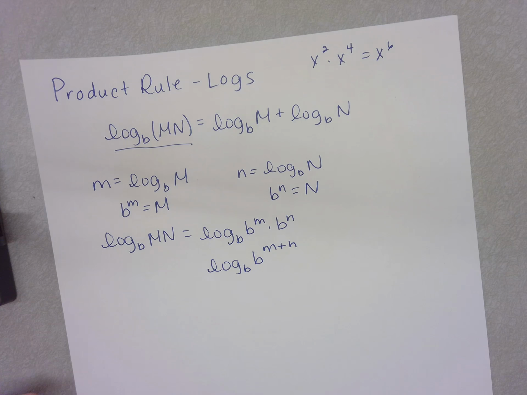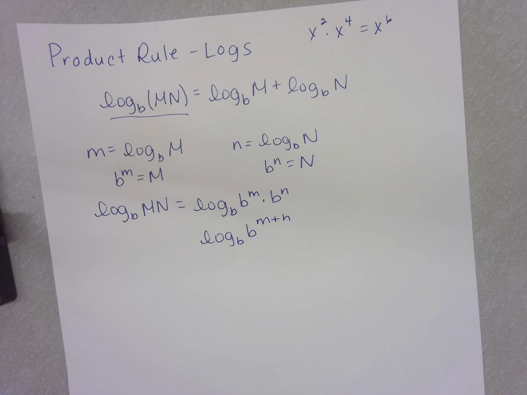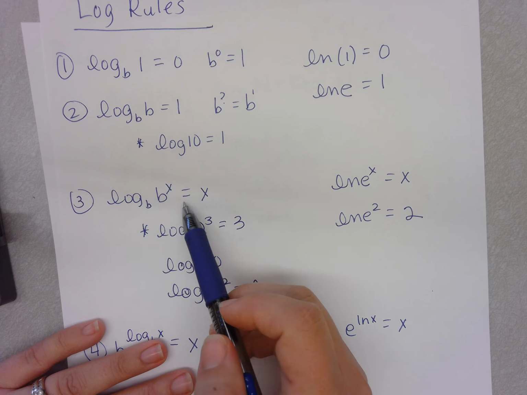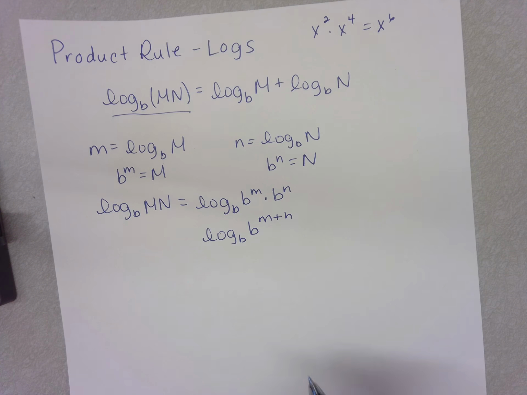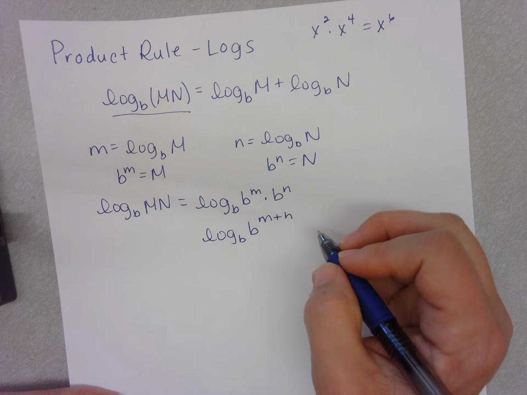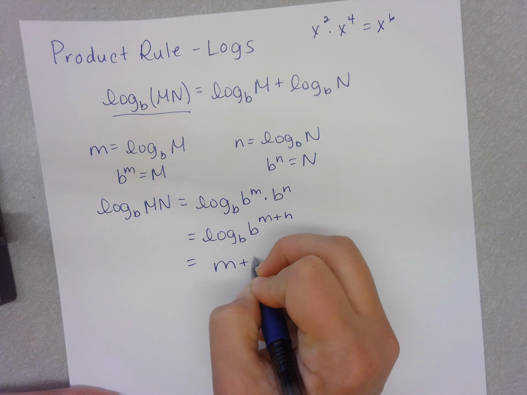And now we have that other rule that we just learned on the other page, that log base b of b to the x equals x. I have the same thing here. I have log base b of b to the m plus n, so this is just equal to m plus n.